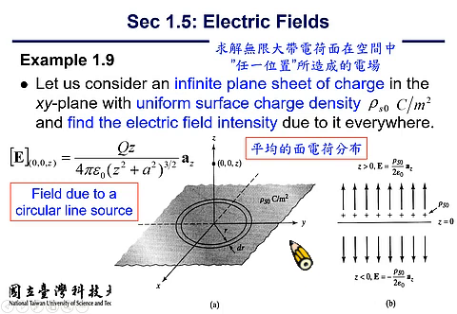Okay, we actually used the result of our previous solution, previous example. So let's move on to the calculation of the electrical field from an infinitely large surface, a surface extending to infinity and beyond.